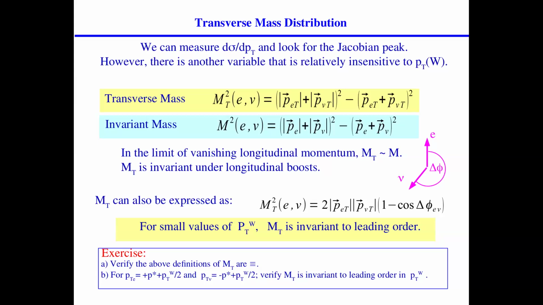Before I start with the transverse mass, let's just do the invariant mass. If I try to compute the invariant mass of the W, it decays into an electron and neutrino. So if I were to basically add up this, that would give me the invariant mass. But I don't necessarily know the longitudinal parts of this.